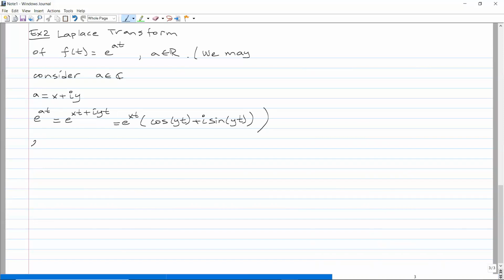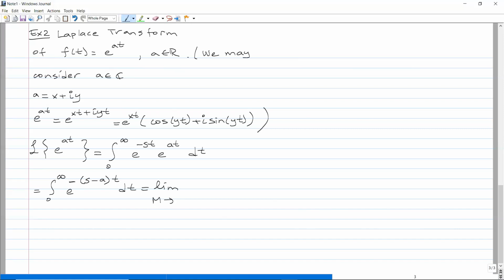Okay, so what is the Laplace transform of e to the at? By definition, this is the improper integral from 0 to infinity of e to the minus st e to the at dt. So this is similar to what I did before. Minus, let me keep the minus sign, s minus a times t. So this is the limit as m goes to infinity.